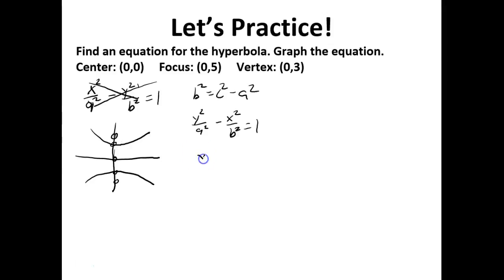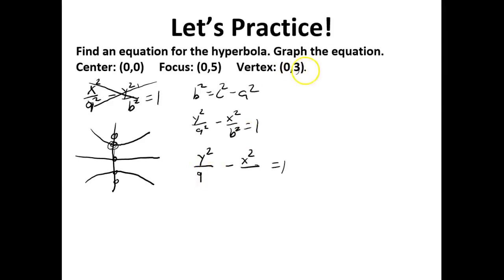Y squared over a squared, a comes from the vertex. The vertex is at 3, so we're going to use 3 squared or 9.